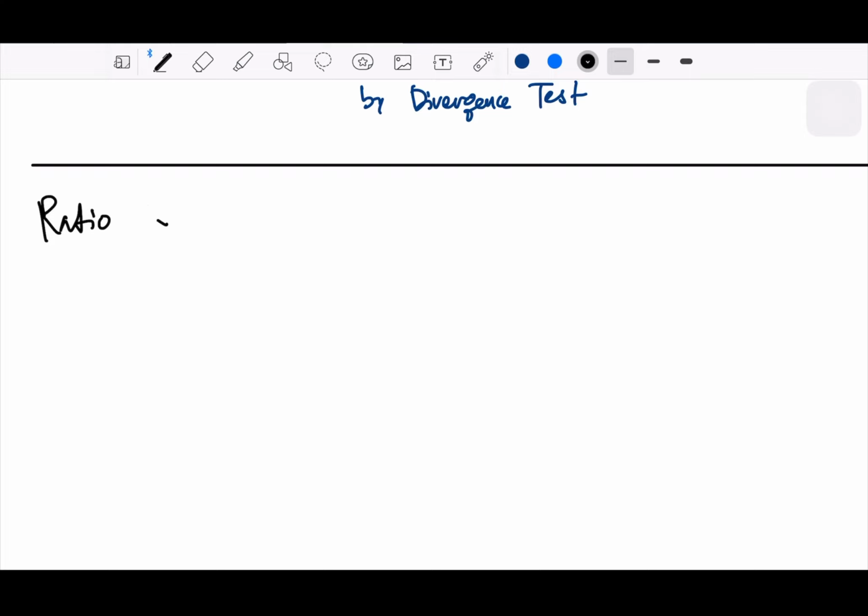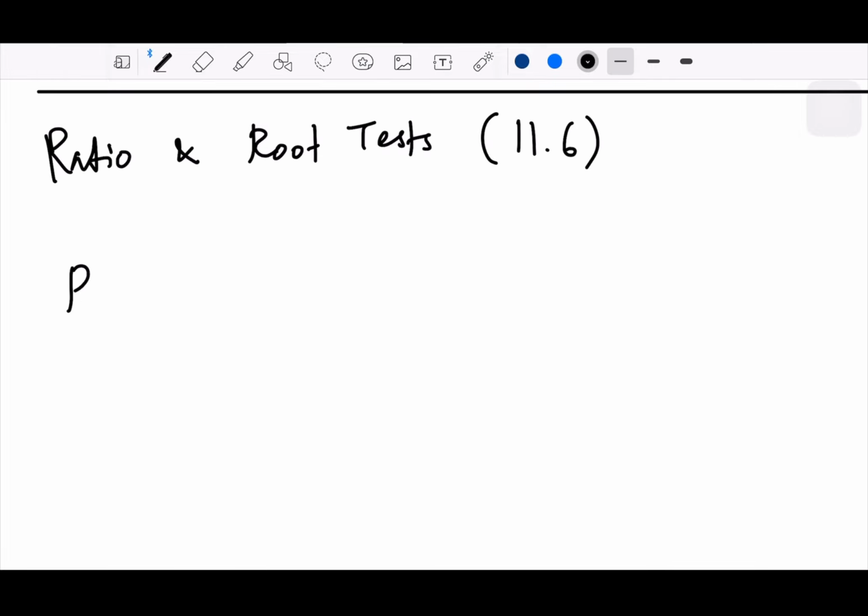The next one is the ratio and root test. So this is section 11.6. Maybe I will write some methods, the description. What is this? So first is the ratio test.